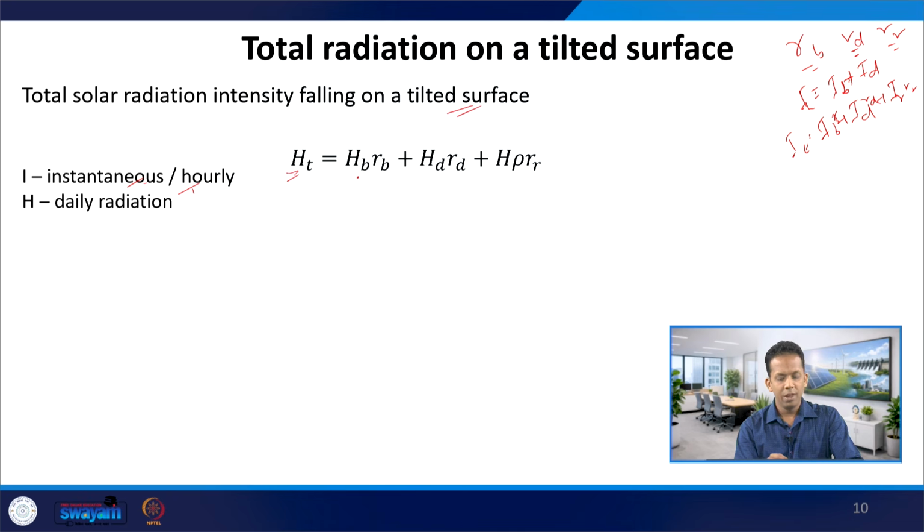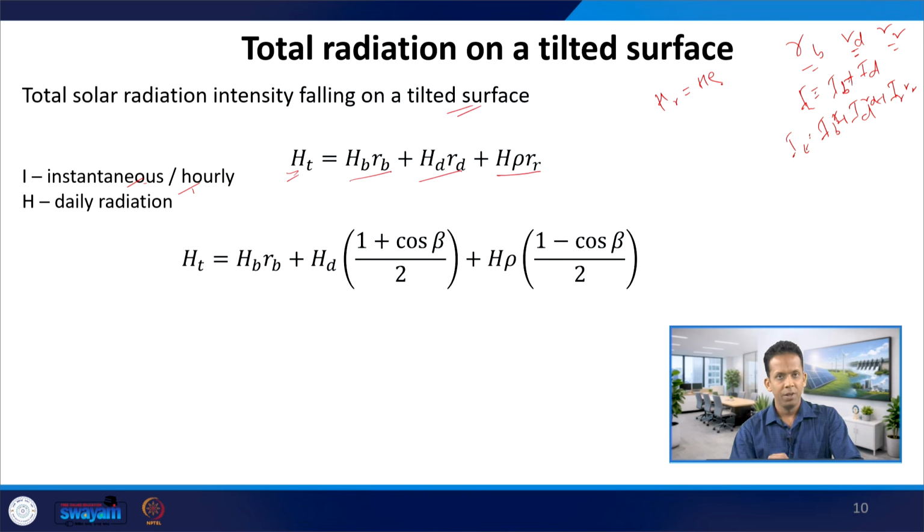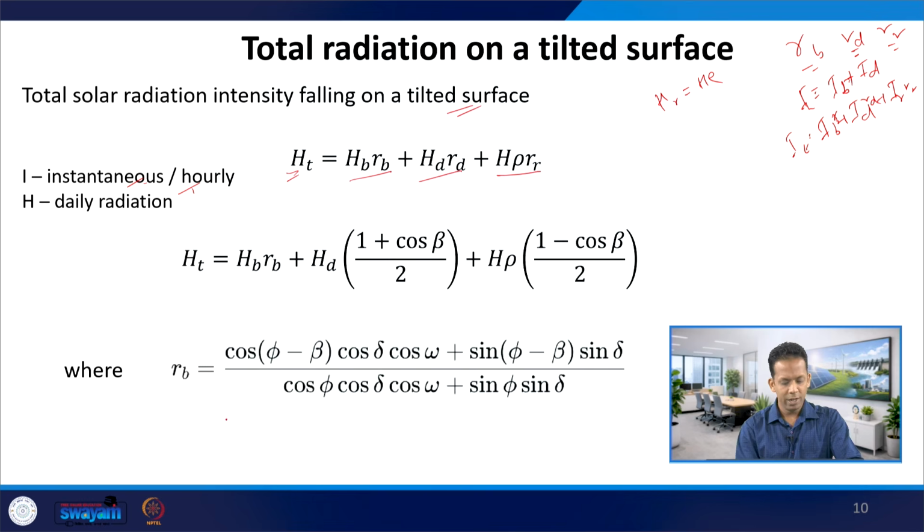So, HT is HB RB plus HD RD plus HR RR, but HR is nothing but H into rho, where rho is the reflectivity. If you substitute the values of RB calculated by this formula, RD and RR, we can calculate the total radiation on a tilted surface.